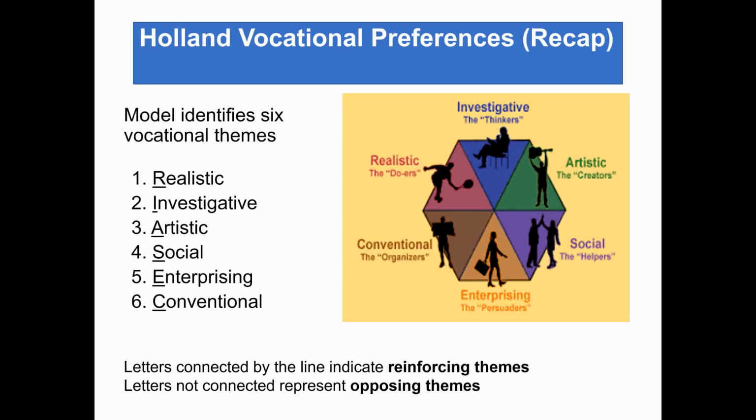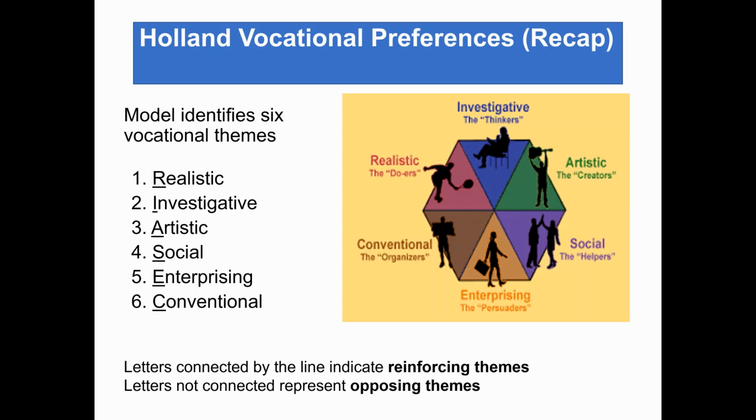So what are all those things that we talked about? If we look at that, it means that these are the vocational preferences that are based on personality. So for example, if you are a doer, or a thinker, or a creator, then you belong to the category of realistic vocational themes, or the vocational theme that has to do with investigation, or something that is more artistic in nature.